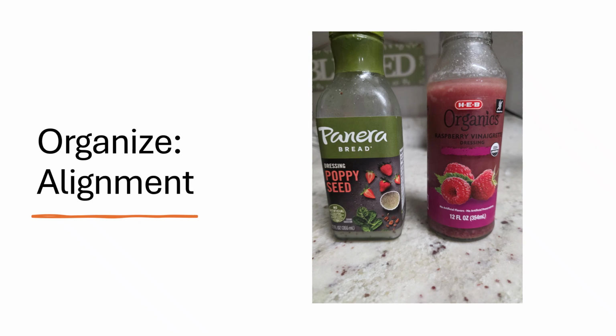On the H-E-B Organics label, it feels more scattered. The raspberry image, the organic badge, and the typography are all competing for attention. Panera's alignment creates clarity and flow, while H-E-B's layout could be a little more refined and support visual hierarchy.